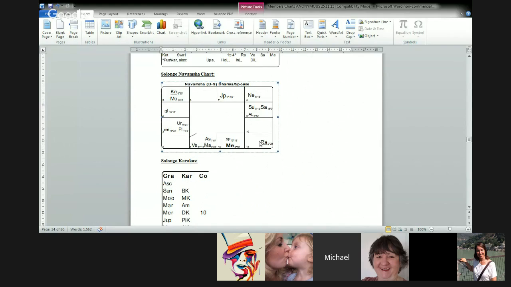I'm just wondering if that points to writing and teaching. But because it's in Libra, ruled by Venus, Atma Karaka, also the use of art.